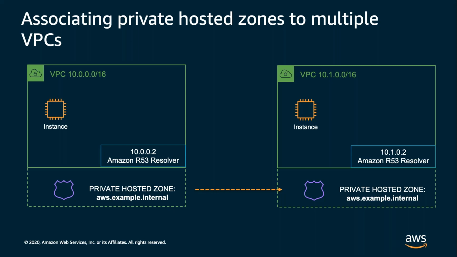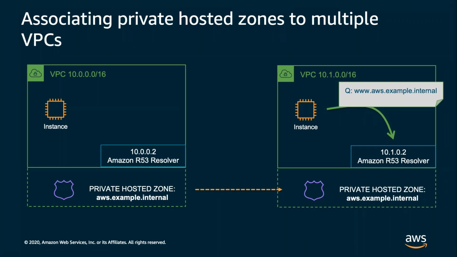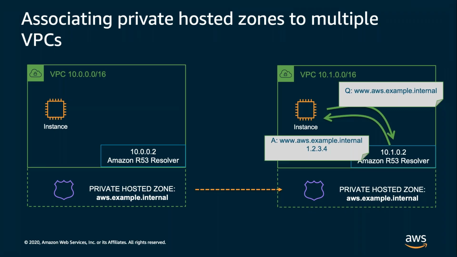This also works for VPCs not under the same AWS account, it just needs to be done through the CLI or the CDK to have access to the commands. There's an associate command that you need to run before you do the actual sharing of that private hosted zone. So now my instance in this new VPC can query www.aws.example.internal and get back the same name as it would if it was in that other VPC.